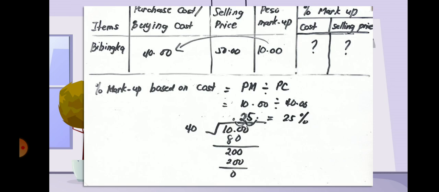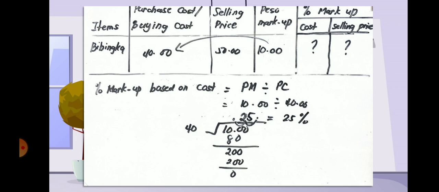Okay, so how about the percentage markup based on cost? You have to divide the peso markup by 40 pesos. Okay, 10 pesos divided by 40 pesos. So 100 divided by 40 is 2. 2 times 40 is 80. 100 minus 80 is 20.